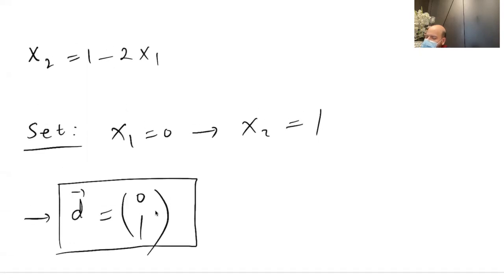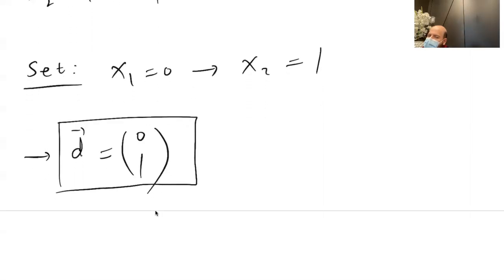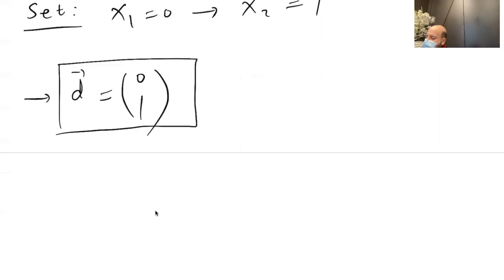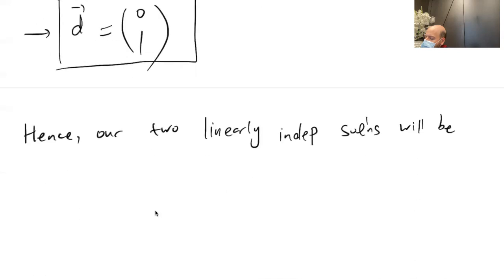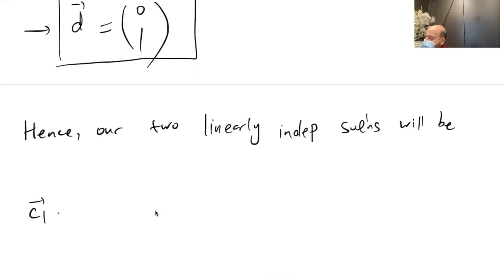So once I have D and I already have C1 and lambda, I can find the two linearly independent solutions. Hence, our two linearly independent solutions will be C1 e to the power lambda t, and C1 t e to the power lambda t plus D e to the power lambda t.